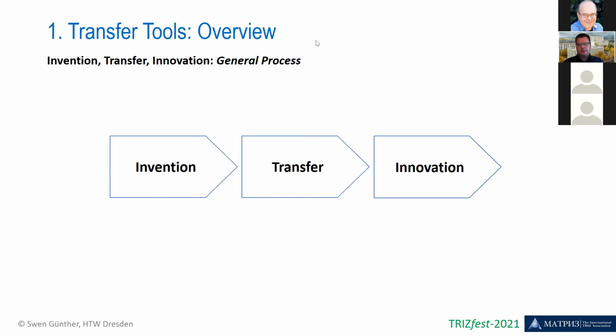So we're talking about inventive principles, for example. So this is the strong link to the first step of this overall process, general process. And a second step, a second process is then the transfer. And here TRIZreverse could be linked to.